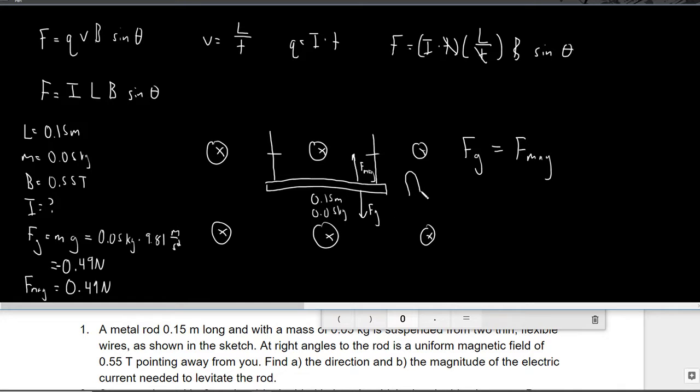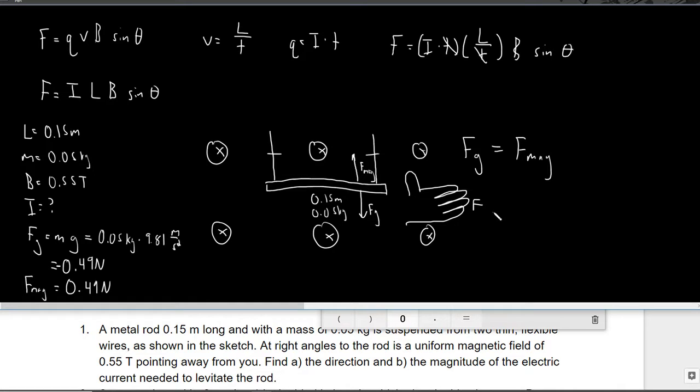So that means my fingers are actually going to be pointed this way. That's a better hand than last time. If I set my hand this way, my magnetic force is going up. My fingers are now in a way so that I can curl them into the screen. Okay, this is my right hand.